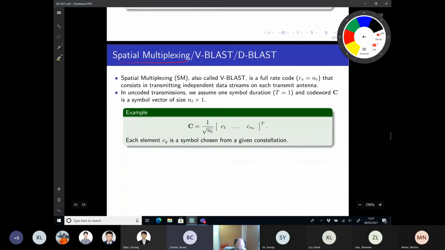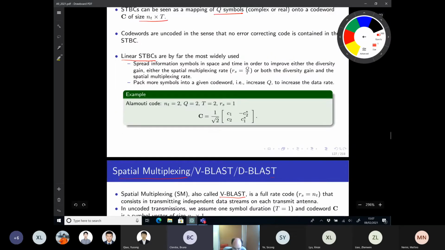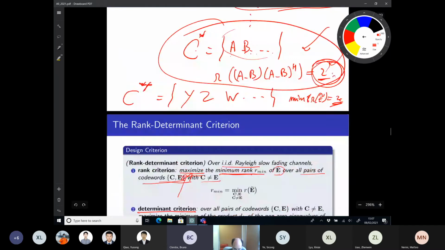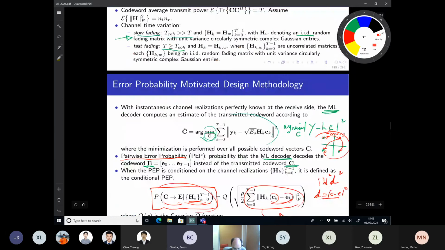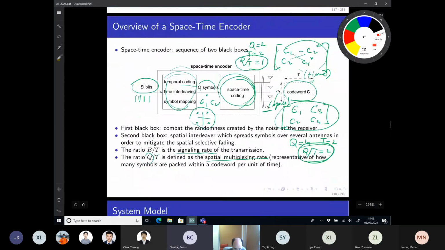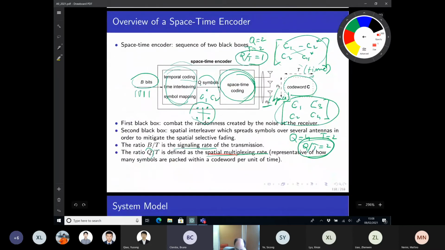So the spatial multiplexing is also called V-BLAST and sometimes D-BLAST. There are some differences, but this is a full rate code. So the number of symbols you transmit per symbol duration is equal to the number of transmit antennas. It really tries to favor, if I go back to the definition, we had a multiplexing rate at the beginning here.